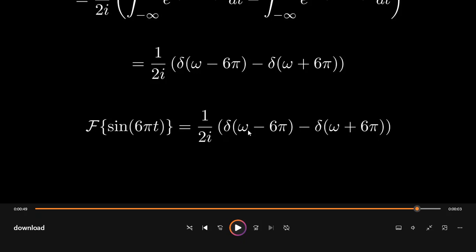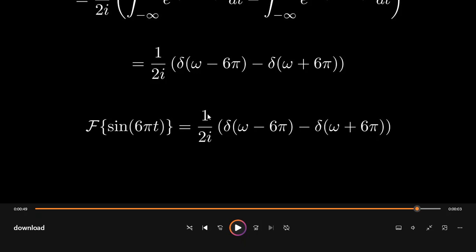Therefore, if omega equals 6 pi and 2 pi f, then f is 3 hertz. And here you get that f is minus 3 hertz: again, omega equals 2 pi f, so 2 pi f equals minus 6 pi, so f, the frequency, is minus 3 hertz.